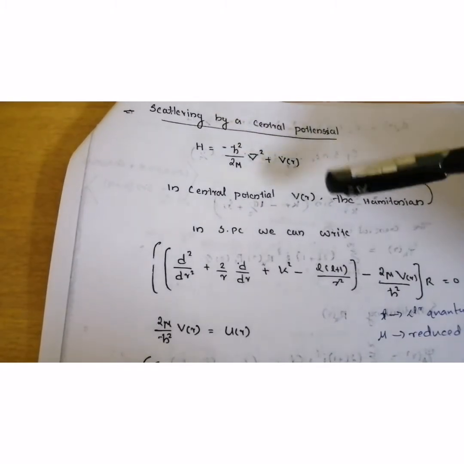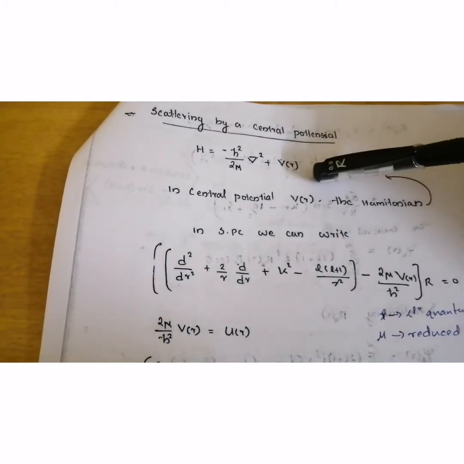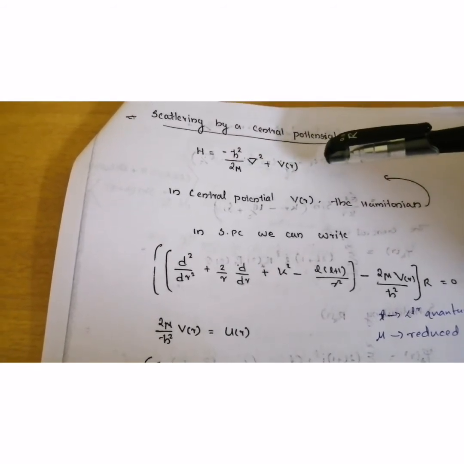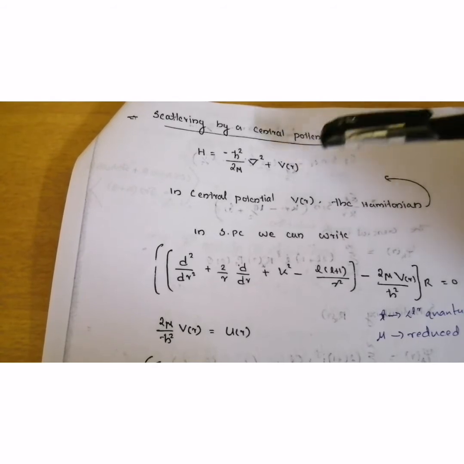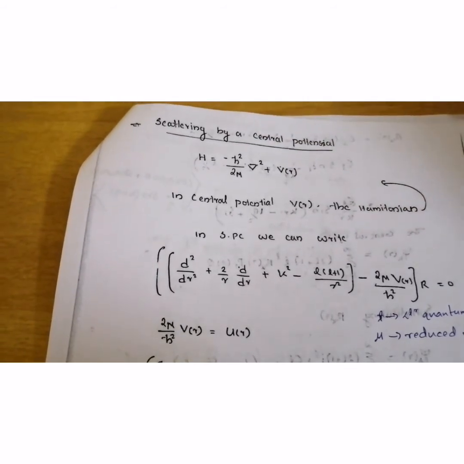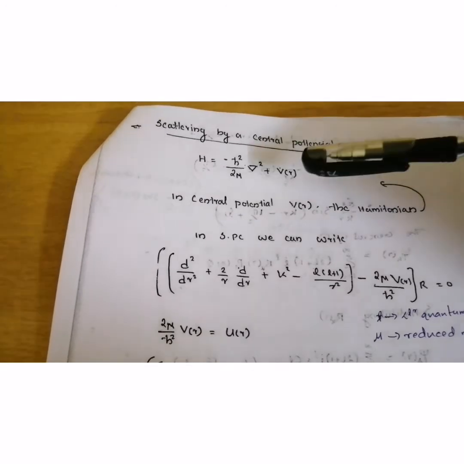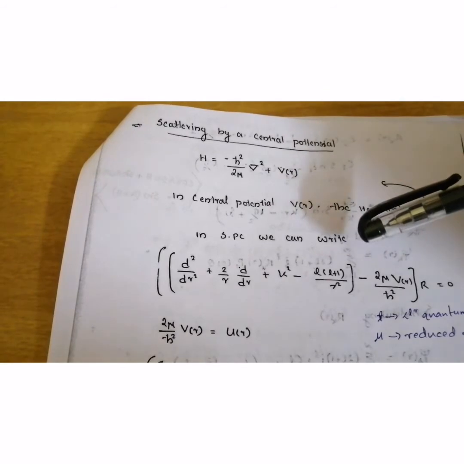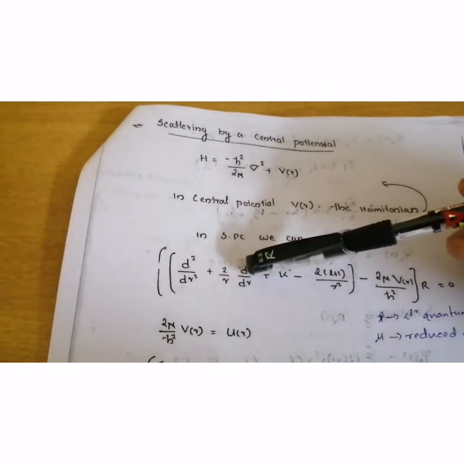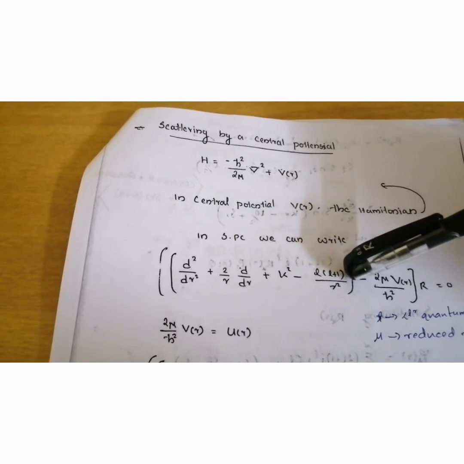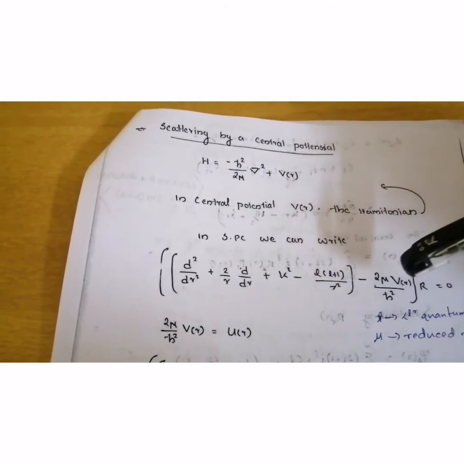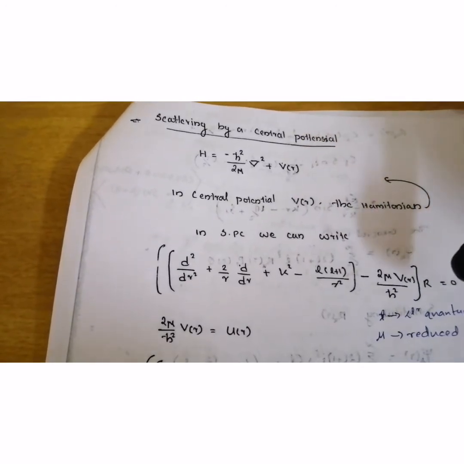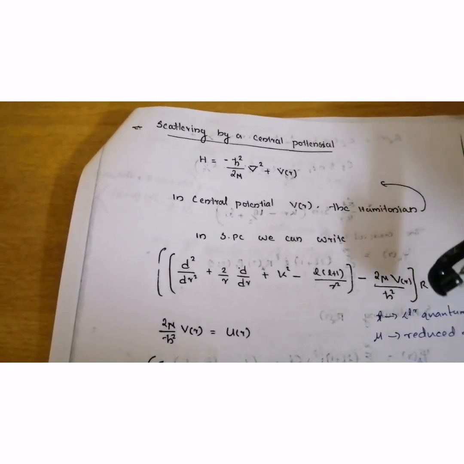In a central potential V(r), the Hamiltonian can be written as H equal to −ħ²/2μ into L² plus V(r). Here the potential V(r) exists. In the previous case, we had a free particle, so here the potential V(r) existed. In spherical polar coordinates, we can write d²/dr² plus 2/r into d/dr plus k² minus L(L+1)/r² minus 2μV(r)/ħ² into R equal to 0, where L is the angular quantum number and μ is the reduced mass.